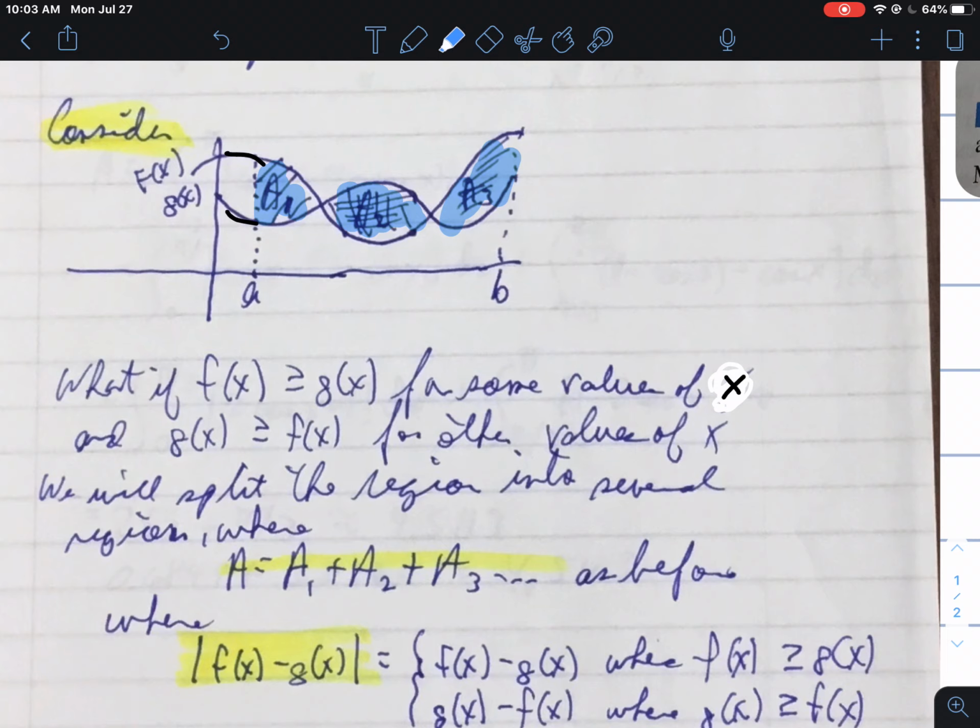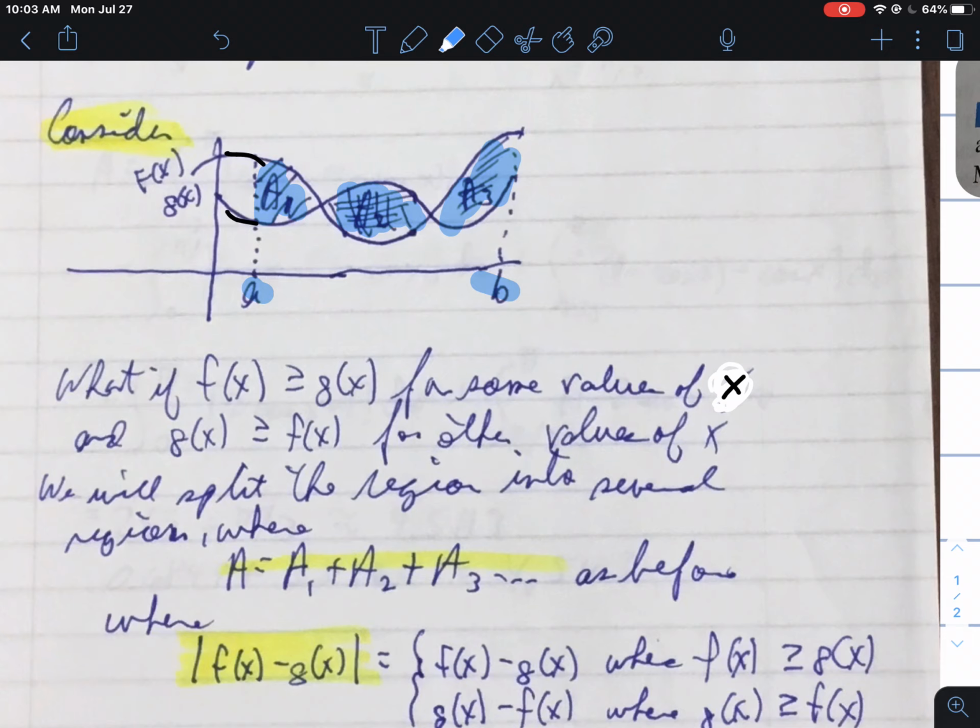So if you have an interval, in this case from a to b, where f is greater than g for some of it and g is greater than f for some of that interval, then we're going to have to split the interval into smaller subintervals and evaluate the integral over each of those subintervals by taking the height to be the upper function minus the lower function, whichever may be.